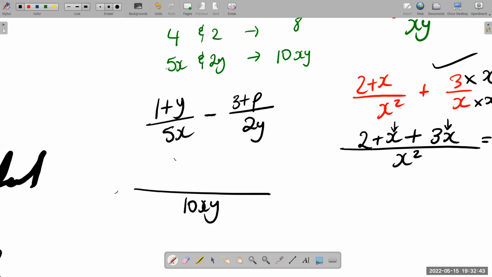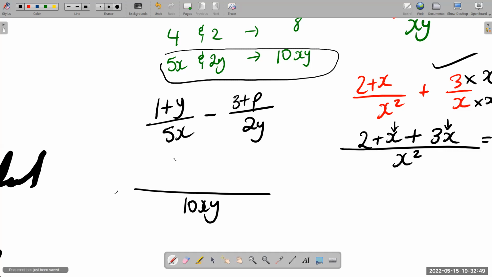And we know why, because we were doing the LCM thingy, right? So we know how to find the common LCM. This is the part where students may make some mistakes. Remember, we need to ask, how do I change 5x to 10xy? First, you gotta multiply 5 by 2, and multiply x by y. So it's times 2y. Now, this is the part.